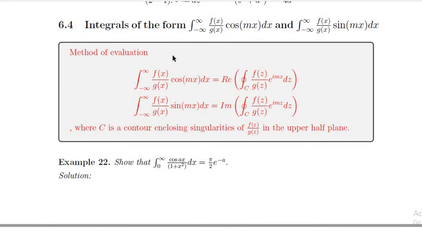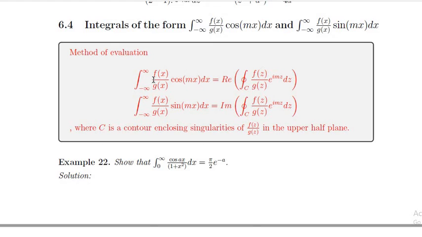Now if the integrals are of the form integral from minus infinity to infinity of f of x by g of x cos mx dx, or integral from minus infinity to infinity of f of x by g of x sin mx dx, then we can see the method of evaluation. Such integrals can be converted into a complex integration using this procedure.